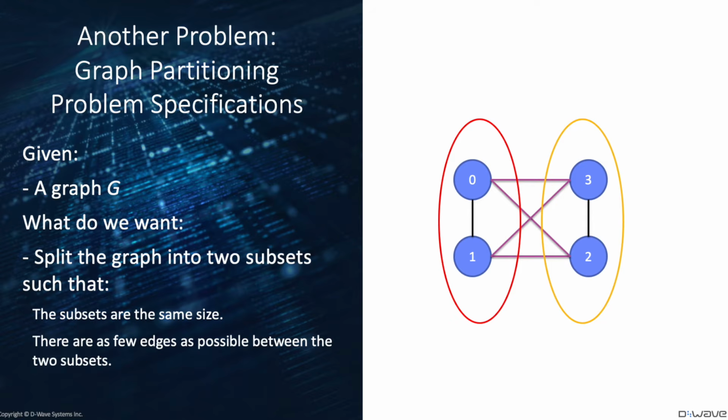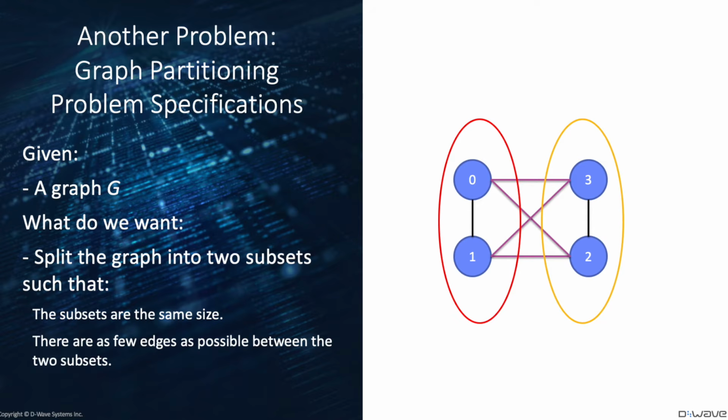The problem specifications are, I've got a graph G, and I want to split the graph into 2 subsets so that, part 1, the subsets are the same size, and there are as few edges as possible between the 2 subsets. So basically we're trying to divide up this thing into two blobs so that there's as few links as possible between the two blobs.